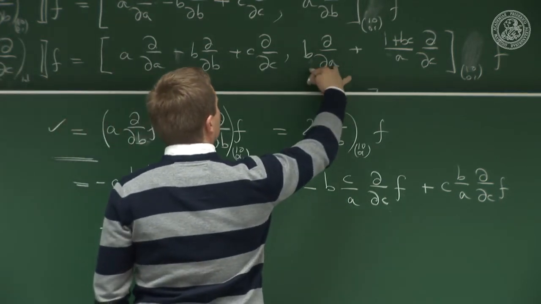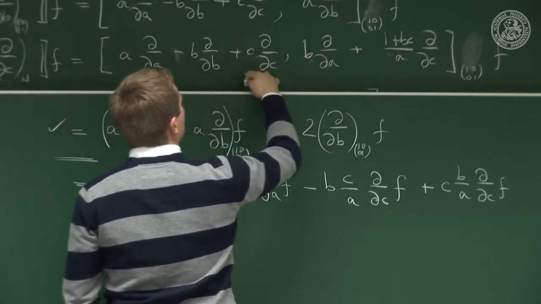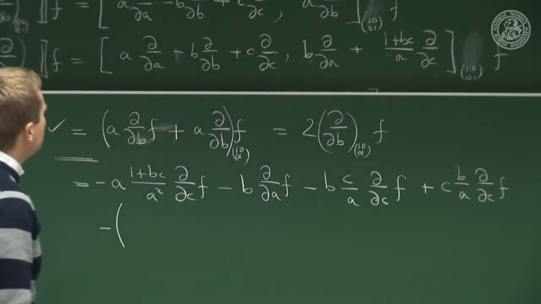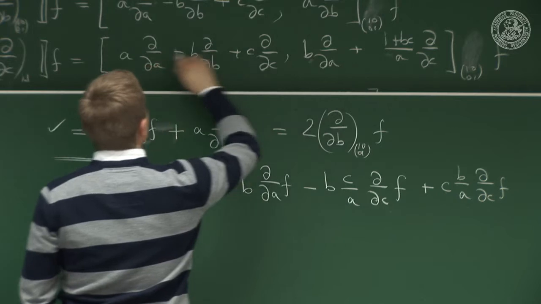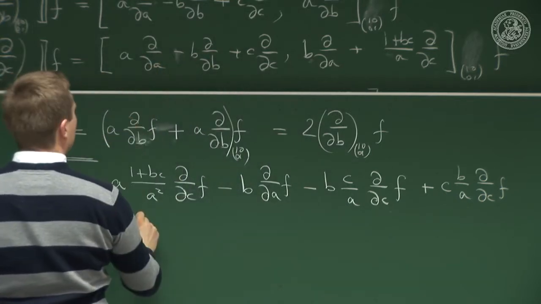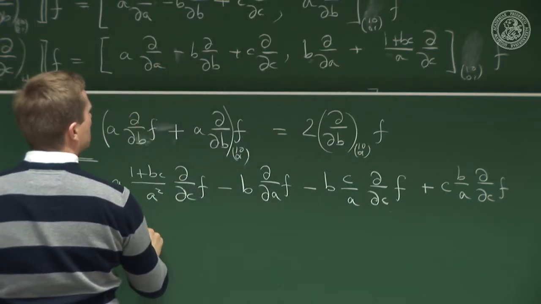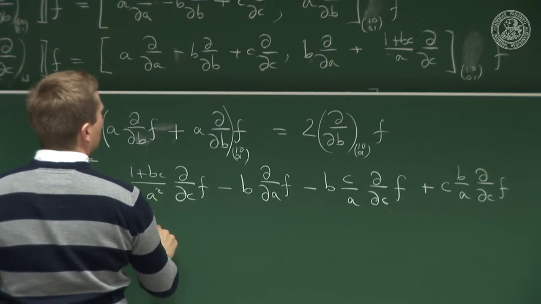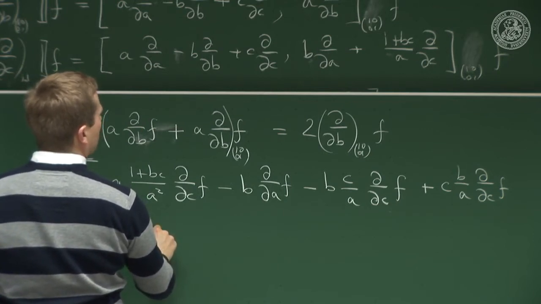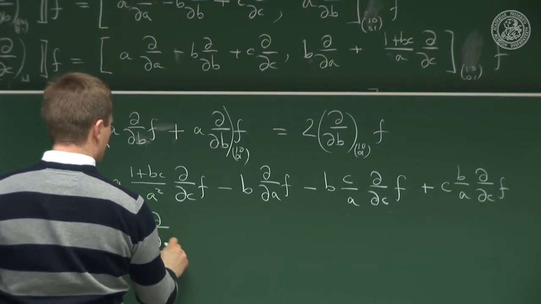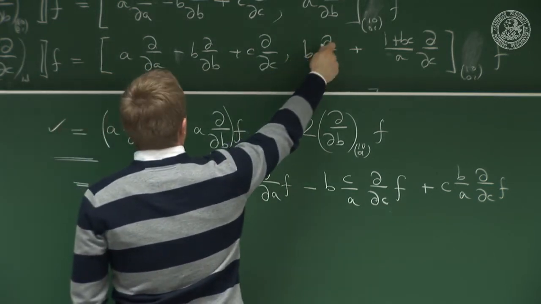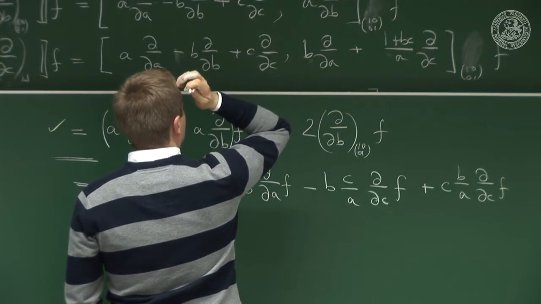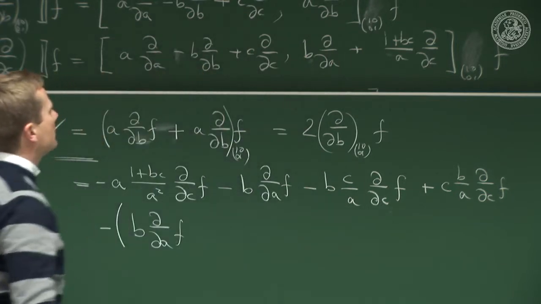So now this one, let's have it act on each of these. So b d by dA can non-trivially act only on this guy. So you get a b times 1 times d by dA of f. So here the a goes, and that's the dA from here. That's right.